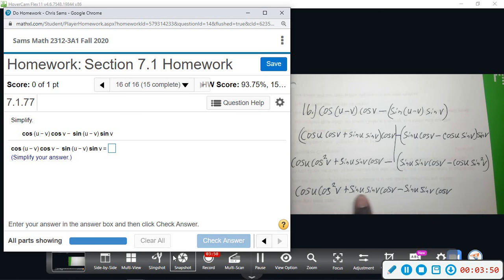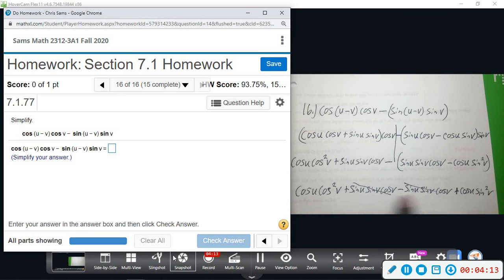And I can see this is exactly the same as this, these two terms, positive and negative, will cancel out, and so I'll be left with what I have here at the end. A negative times this will become a positive cosine u sine squared v.